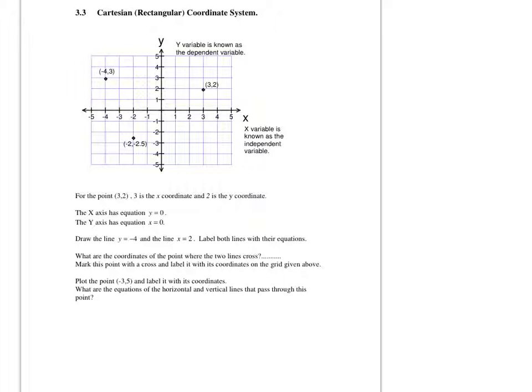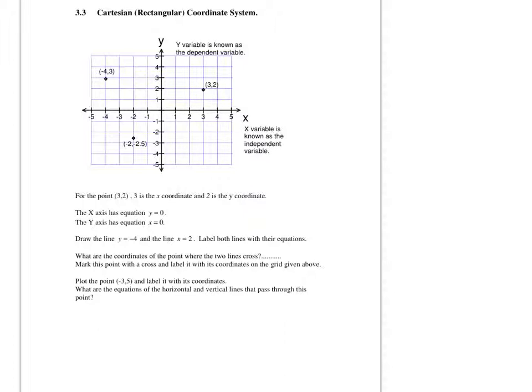On page 7, we're going to remind ourselves of the Cartesian coordinate system, or it's also called the rectangular coordinate system, and this is where we plot the variable x on the horizontal axis, the variable y on the vertical axis, and hence we can have a two-dimensional graph point plot.